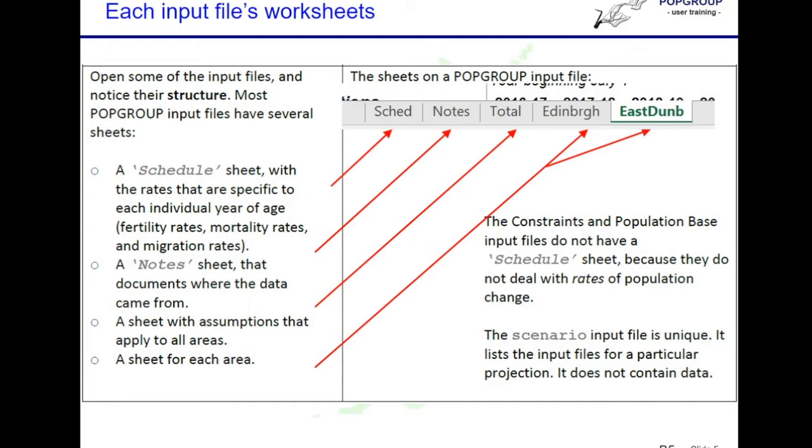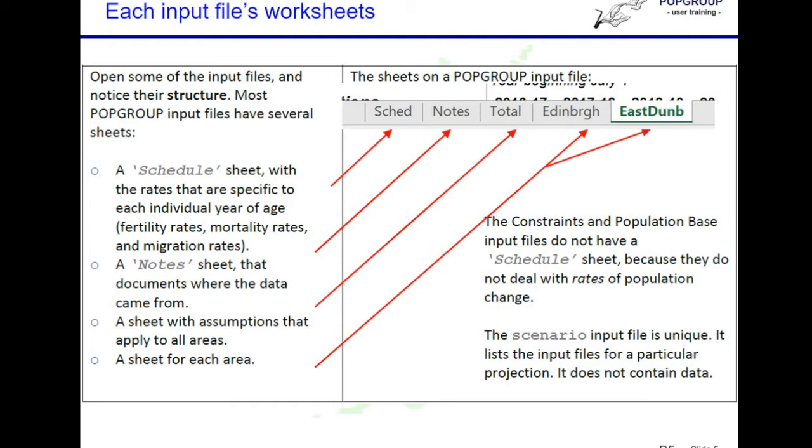Usually all files will include a schedule sheet, which contains the rates specific to each individual year of age. So we have fertility rates, mortality rates, and migration rates. We'll also have a note sheet, which will contain documentation that you as a POPGROUP user would enter on where the data comes from. And then we have a sheet called total.